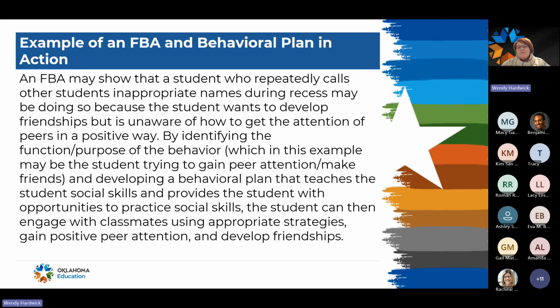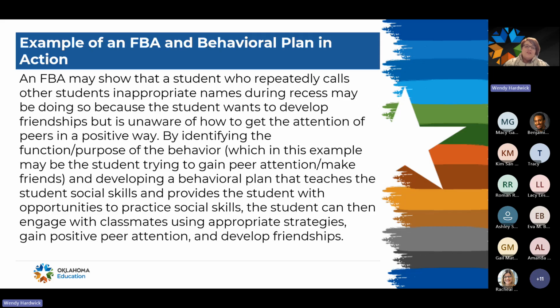So I have an example that walks through how identifying a function leads to a target replacement behavior and a BIP. An FBA may show that a student who repeatedly calls other students inappropriate names during recess may be doing so because the student wants to develop friendships, but is unaware of how to get the attention of peers in a positive way.